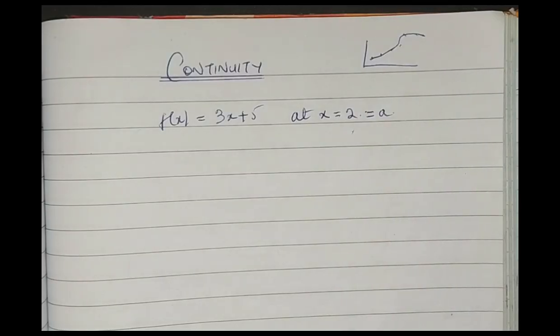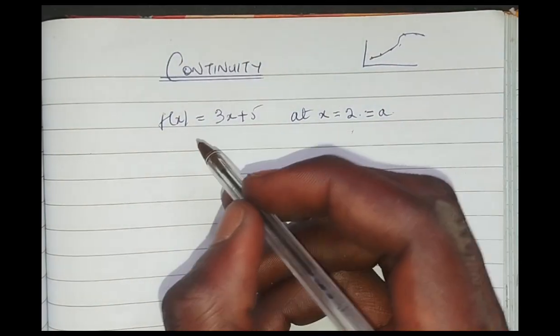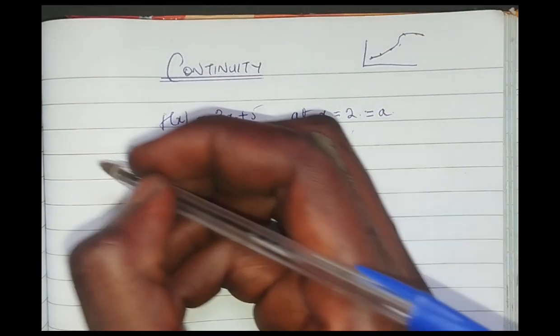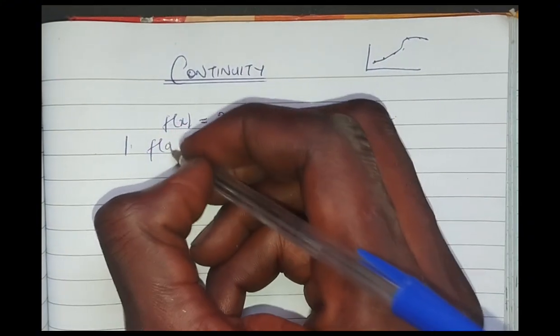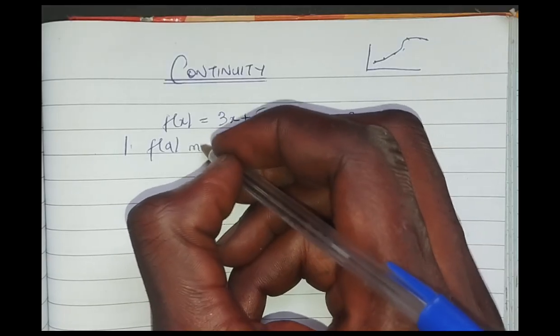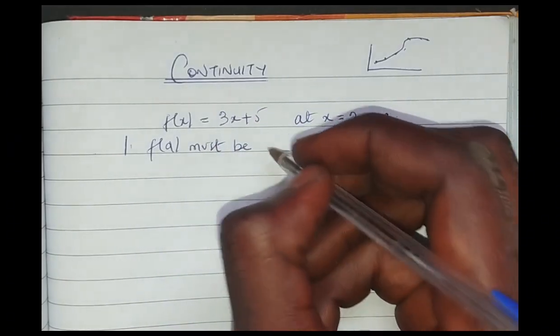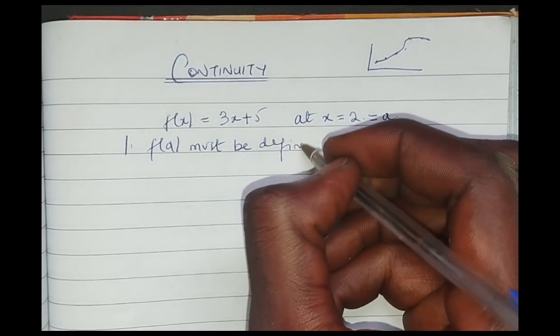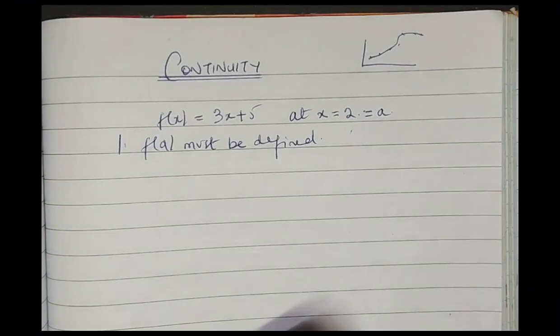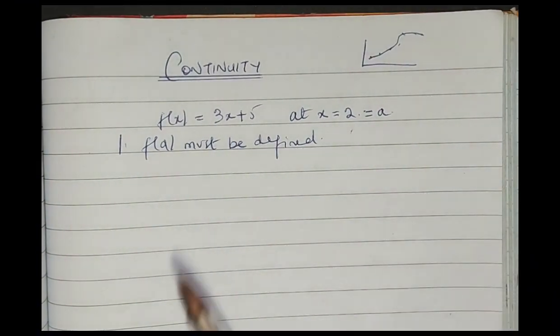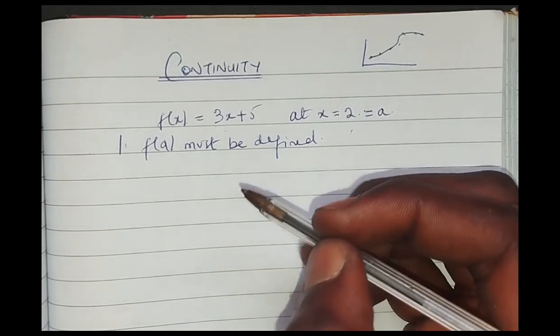Now for this to be continuous at a, these are the conditions. The first condition says that f(a) must be defined. That is, f(a) must exist.